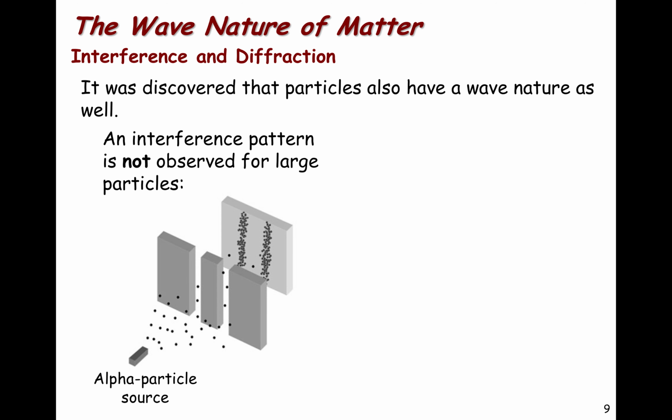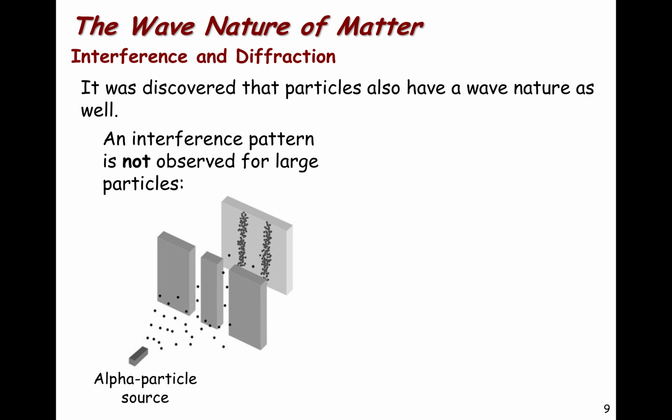Consider the behavior of a particle source interacting with a barrier that allows the particles to pass through because there are two openings. You might expect there to be just two places on the screen that would produce any kind of response to the particles that have passed through.